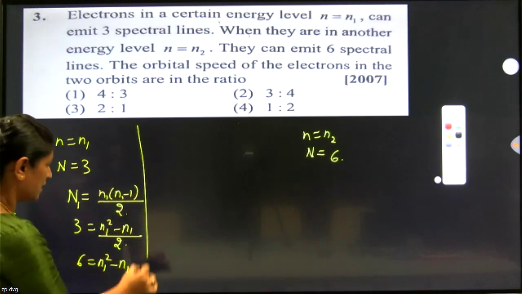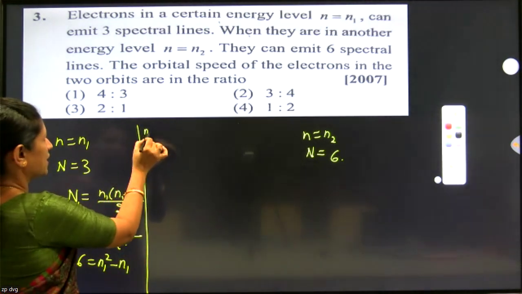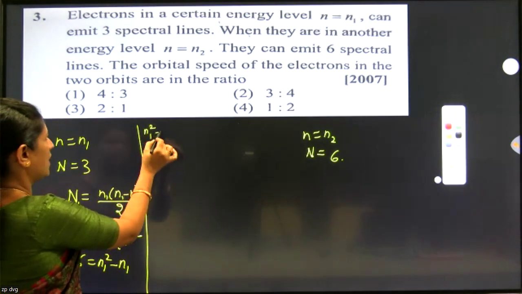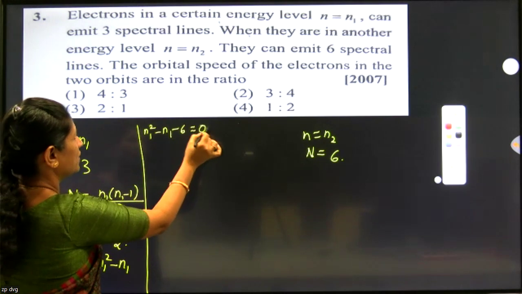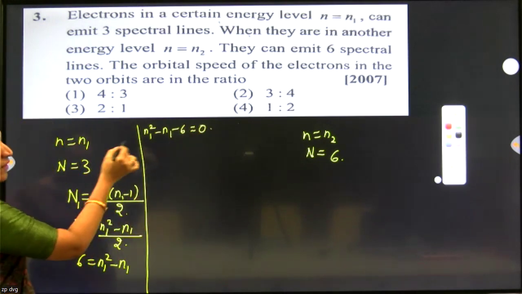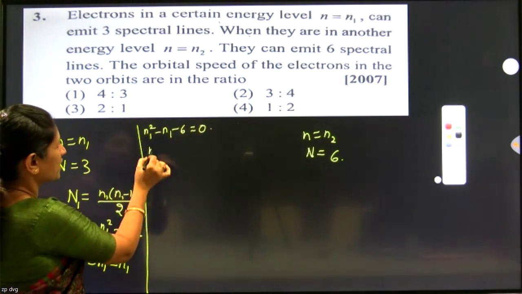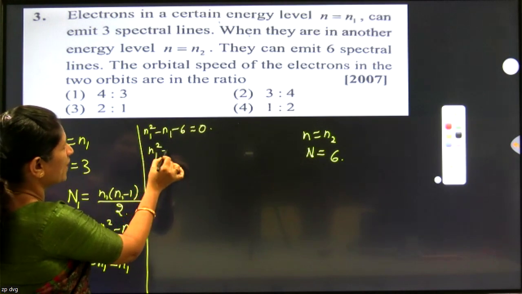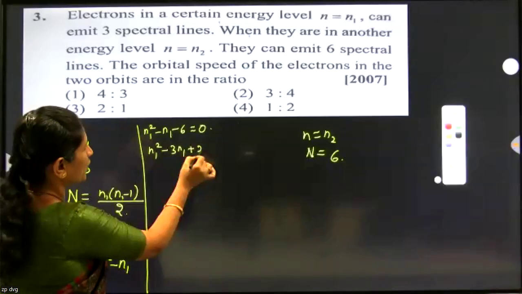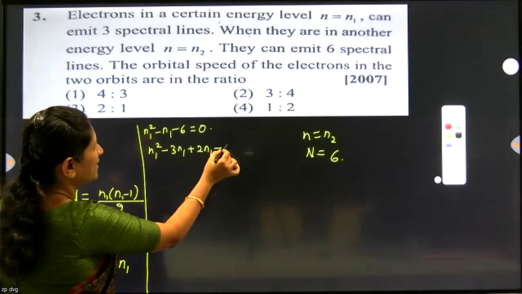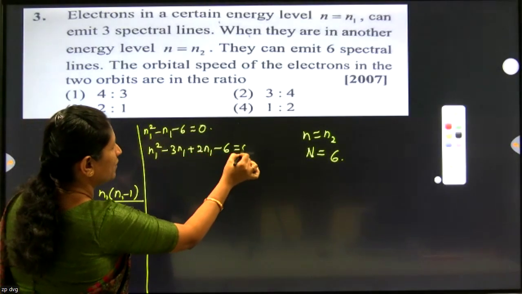On rearranging this, we get n1 square minus n1 minus 6 equal to 0. This equation can be written as n1 square minus 3n1 plus 2n1 minus 6 equal to 0.